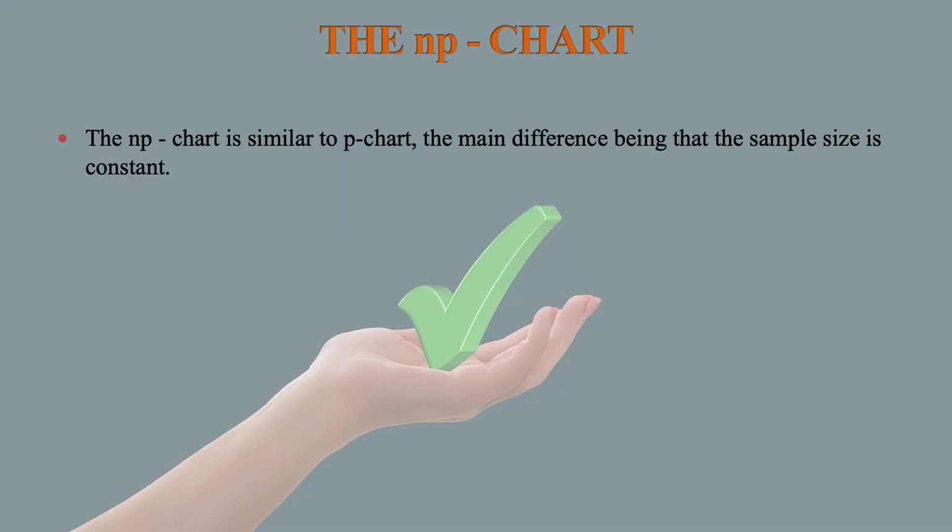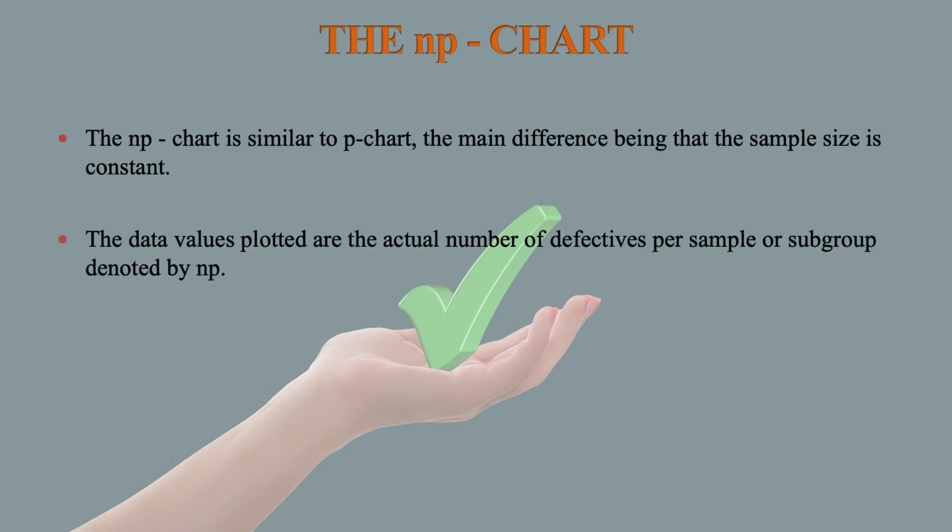Now let us discuss the NP chart. The NP chart is similar to the P chart, the main difference being that the sample size is constant. The data values plotted are the actual number of defectives per sample or subgroup, denoted by NP.